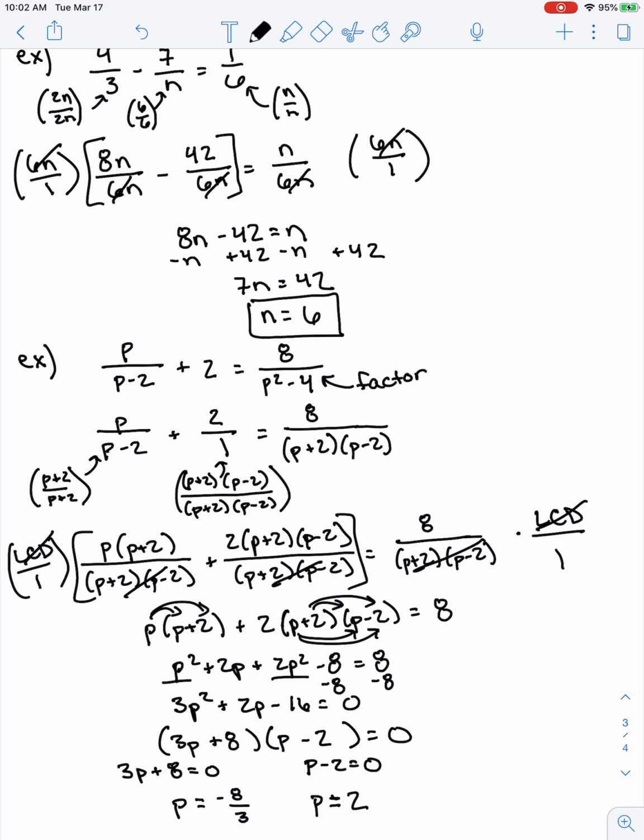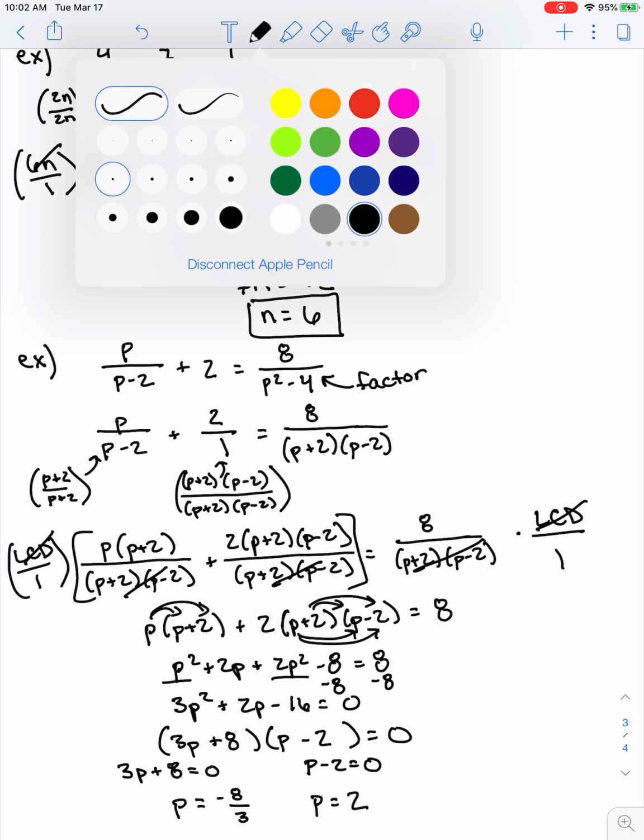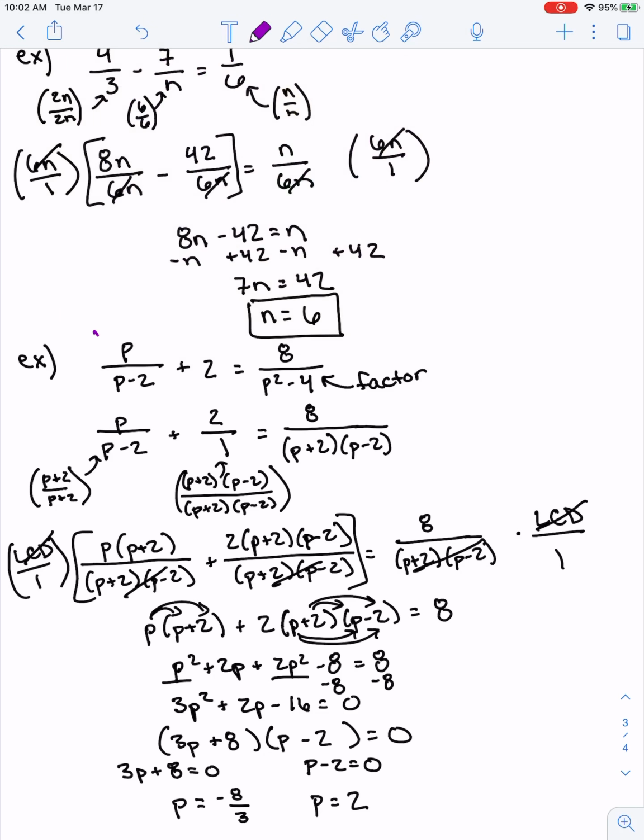Now, one thing that we should definitely make sure of when we have rational expressions is realizing that we had gotten rid of denominators, but our original problem up here has denominators, and what we know about denominators is that they cannot equal 0.